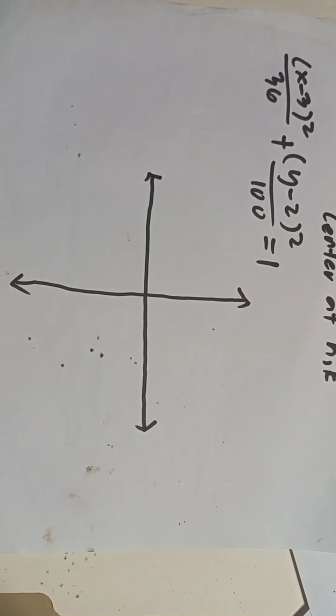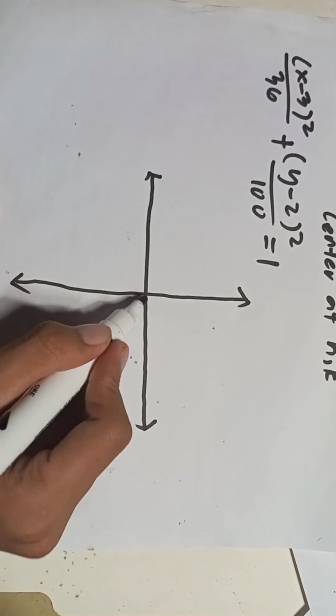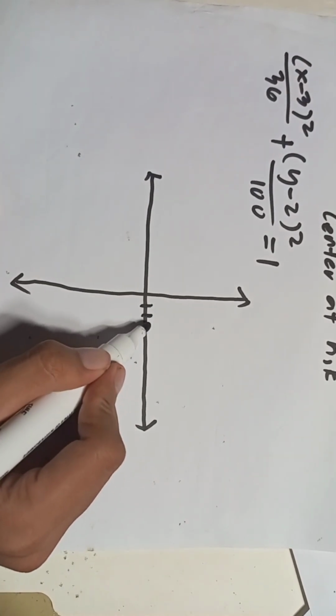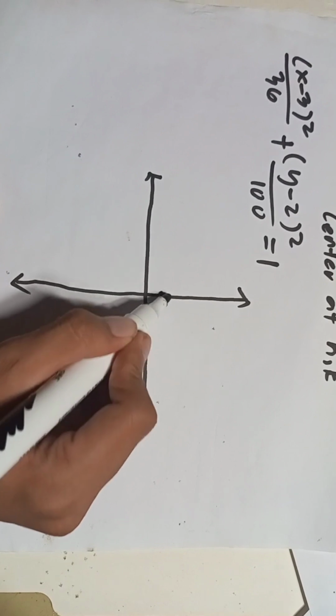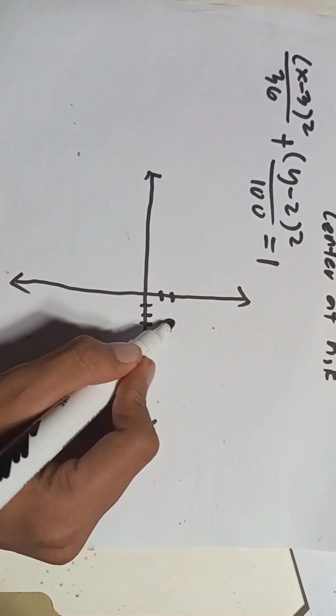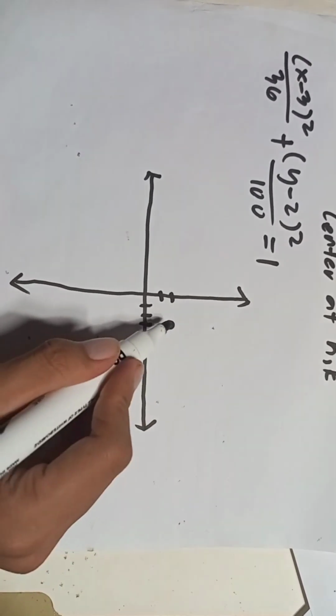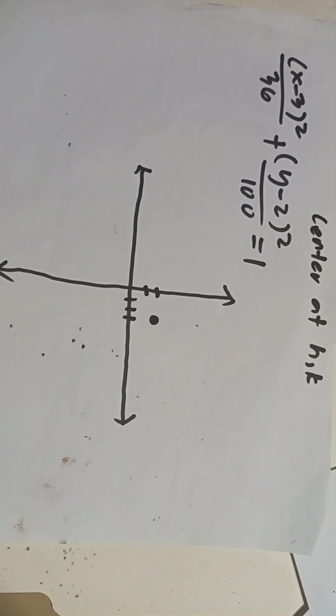So 1, 2, 3, and 1, 2. So our center is here.